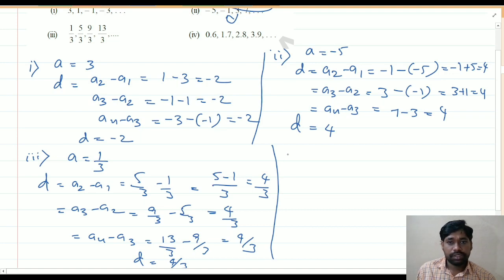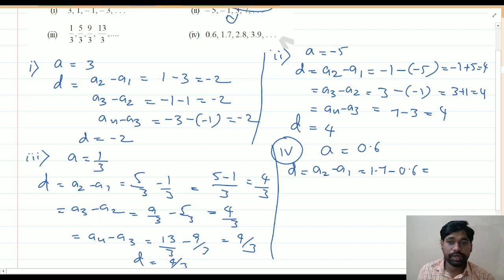the first term here is A equal to 0.6. A2 minus A1 is 1.7 minus 0.6. So it is 1.1.